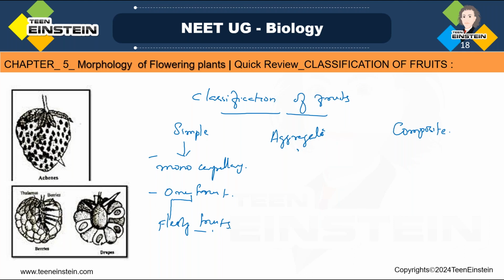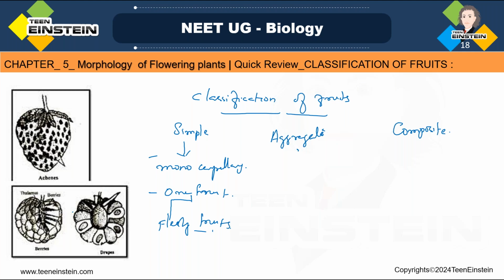The liquid part is the liquid endosperm and the solid one is the solid endosperm. That is the endosperm which we are eating or drinking in the case of coconut. Liquid endosperm, for example, you can see in the tender coconut. So the tender coconut water is a liquid endosperm.